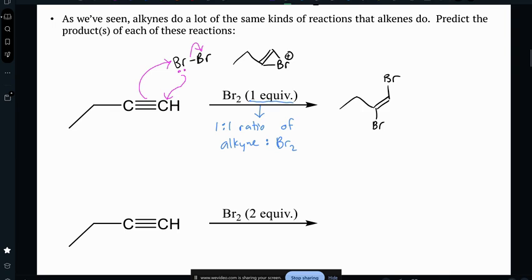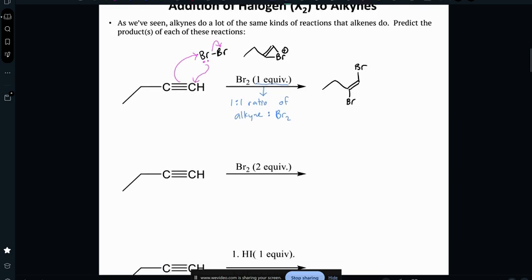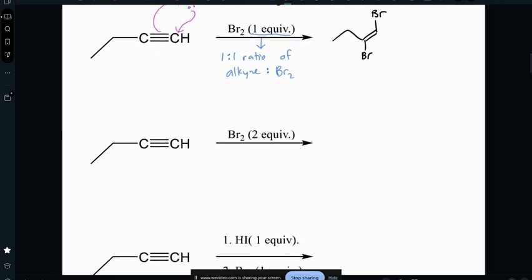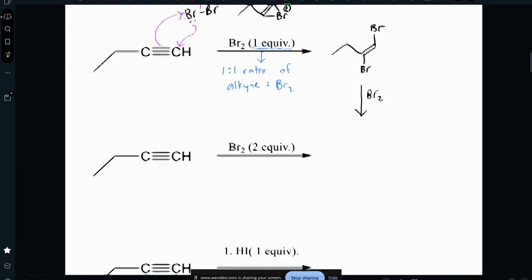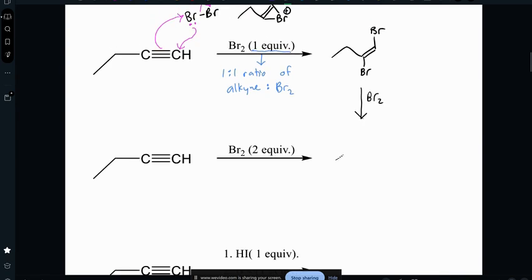So you can add 1 equivalent of Br2. You could also add 2 equivalents, meaning do it again. So doing it again would be the same as just adding more Br2 to the product of the first one. And what that's going to do is add another bromine to each of those carbons.